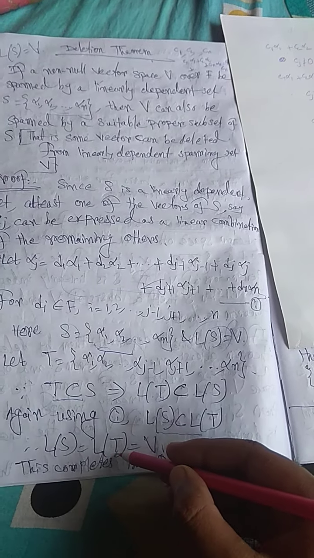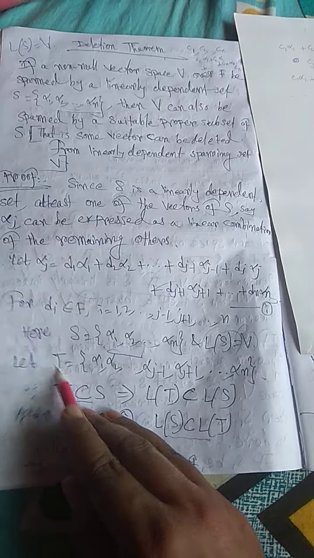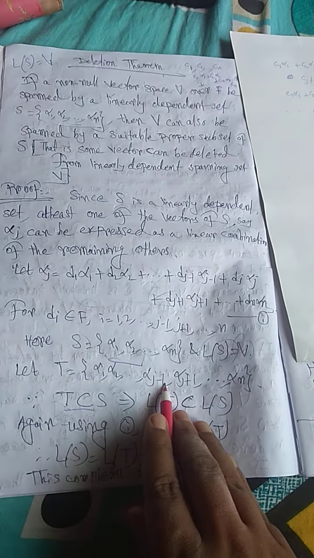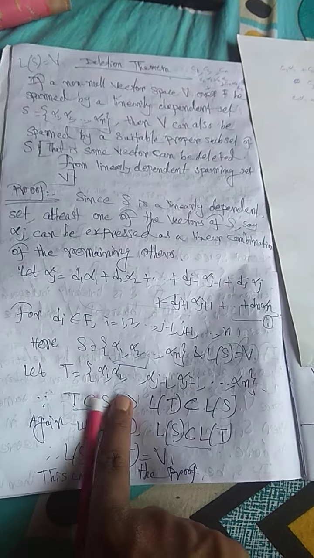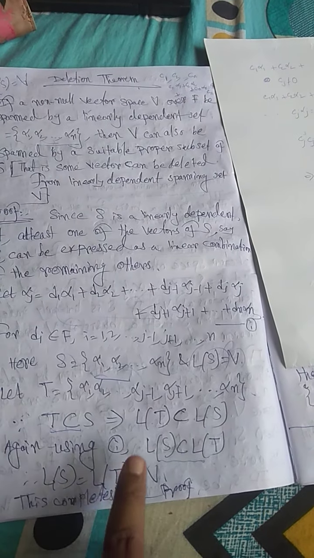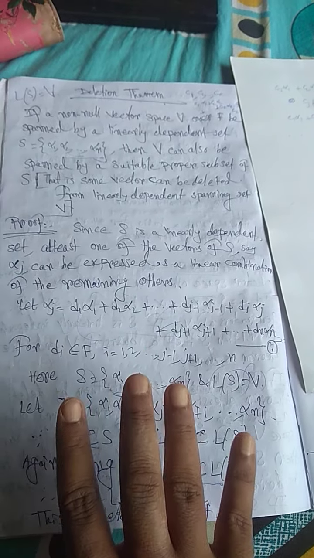As you know, LS spans V, and since LS equals LT, LT also spans V. Now you tell me, T is smaller than S, one vector is deleted from S to construct T. I constructed T after deleting alpha j from S. That means the statement of the deletion theorem holds, because deleting one vector of S still preserves the spanning property. So this is the explanation of the deletion theorem.